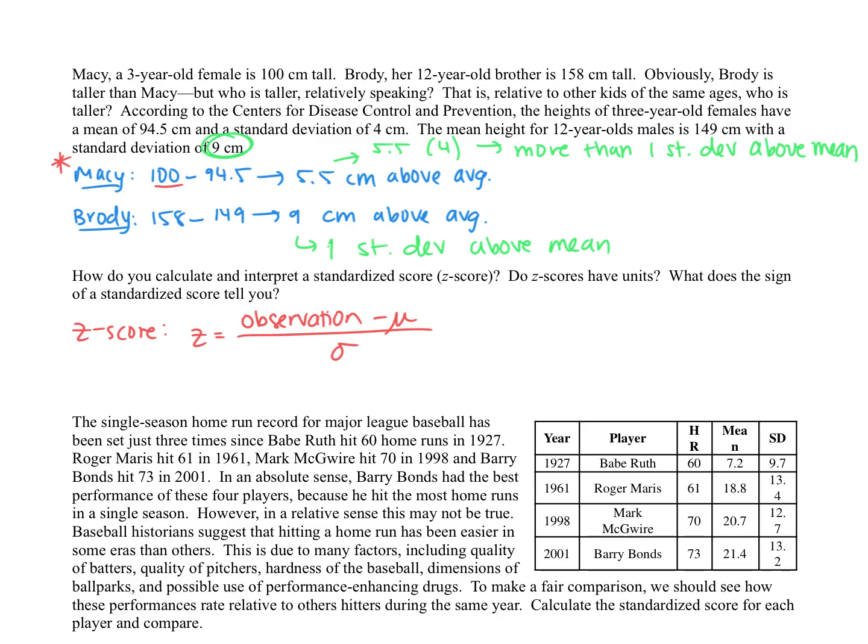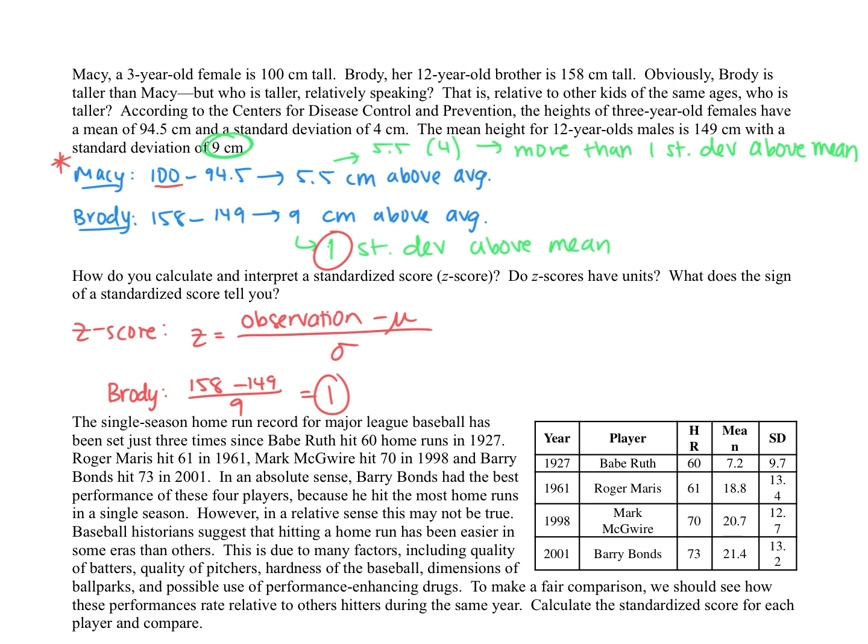So if we did it for Brody, we took his 158, we subtracted 149, and we got 9. And then when we compared that to the standard deviation of 9, that told us 1.